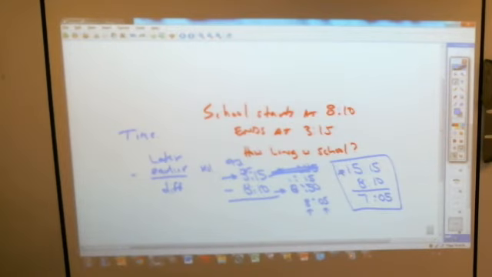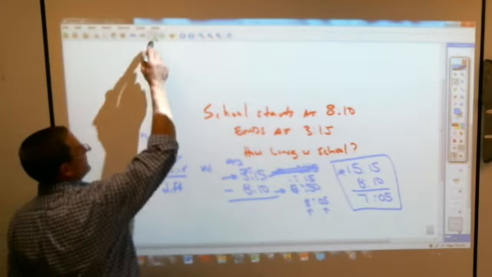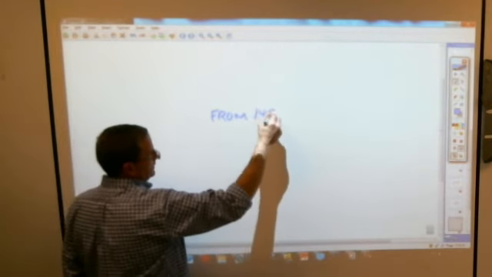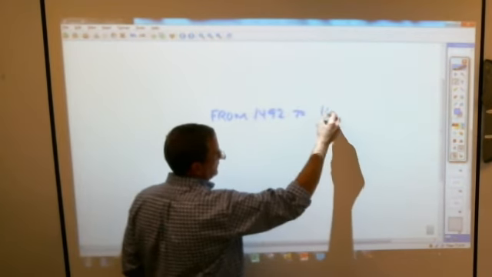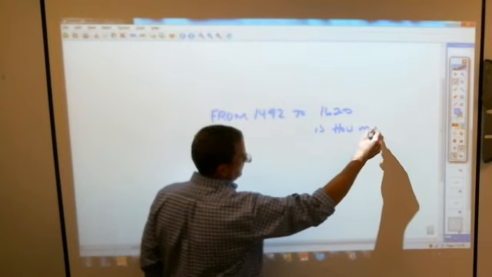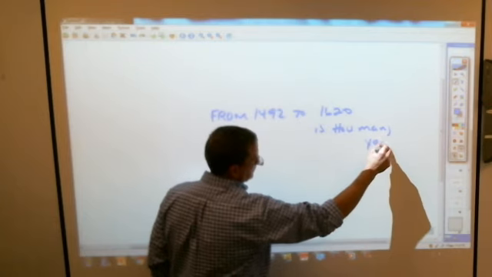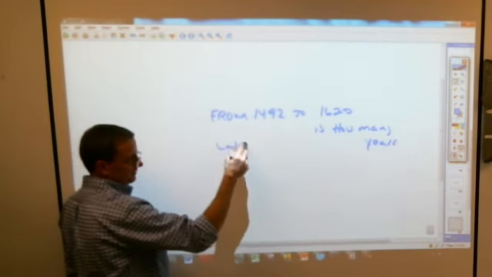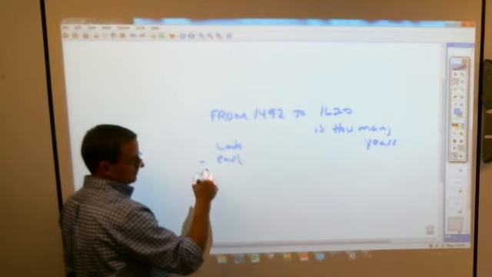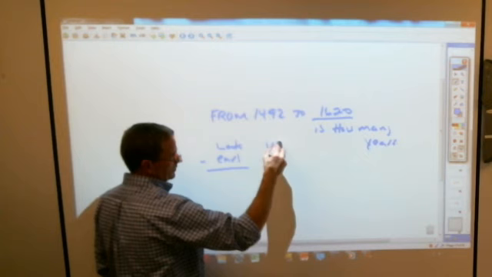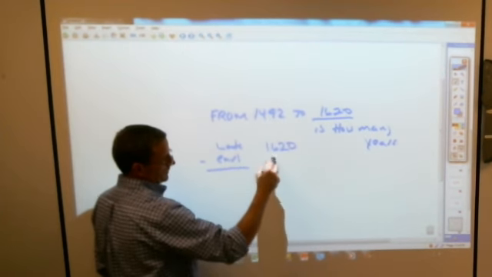Or one more: from 1492 to 1620 is how many years? And remember, the pattern is always you take the later time and subtract the earlier time. The later time is 1620, which only makes sense because it's the bigger number.